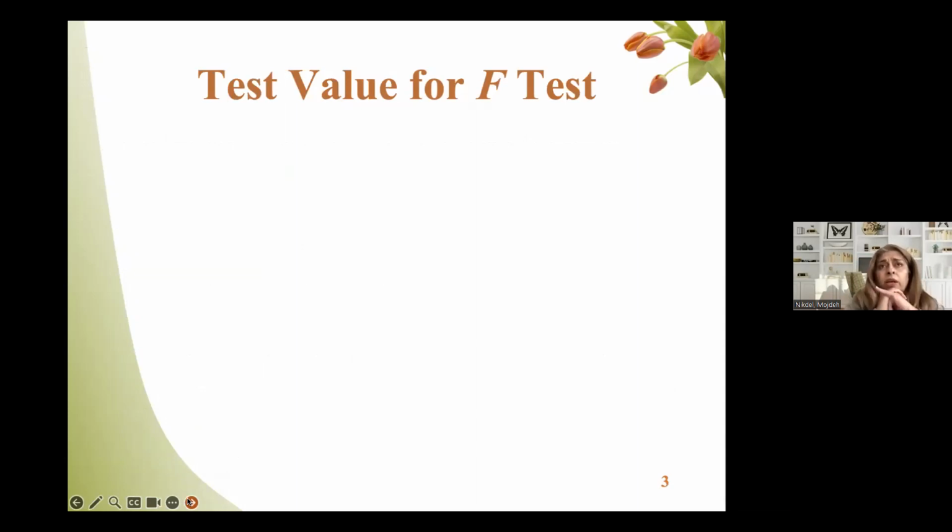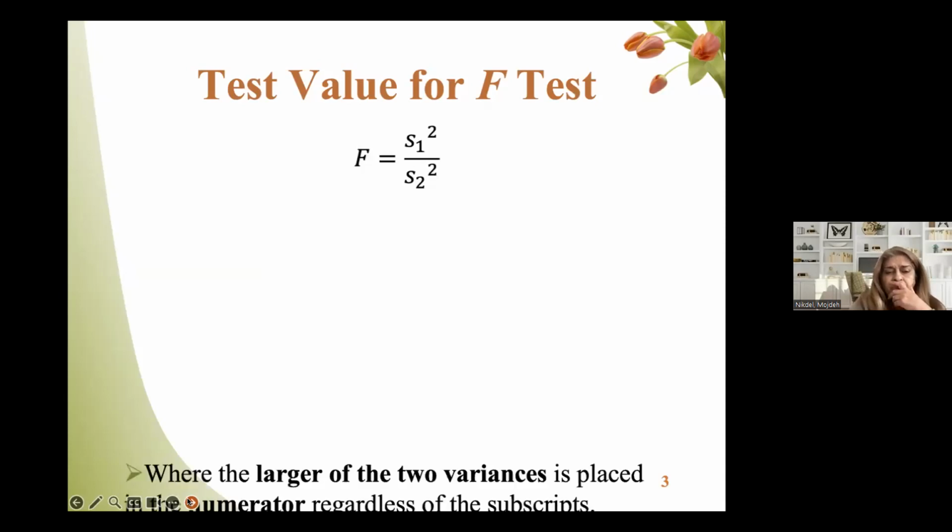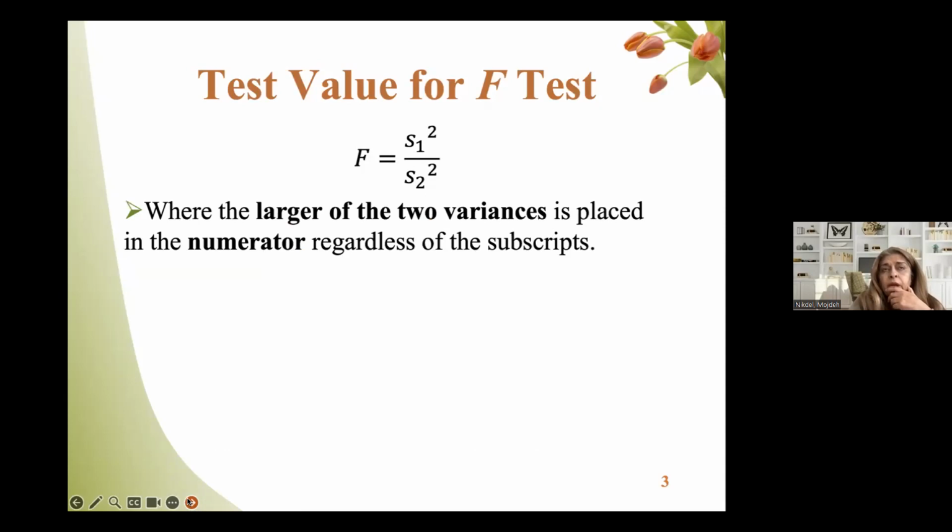What is the test value for the F distribution? F is S1 squared over S2 squared. Now, this bullet is very, very important.